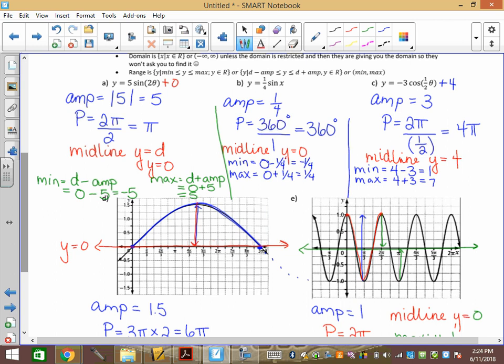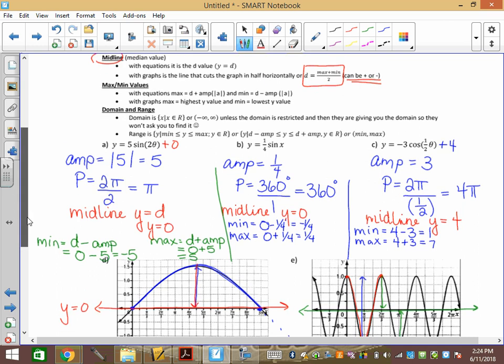Now, why are the min and the max helpful? Your domain is going to be x ∈ R. Your range is going to be min to max, right? So they don't have to ask you for the min and the max. They can just ask you for the range, which is indirectly asking you for the min and the max, correct?